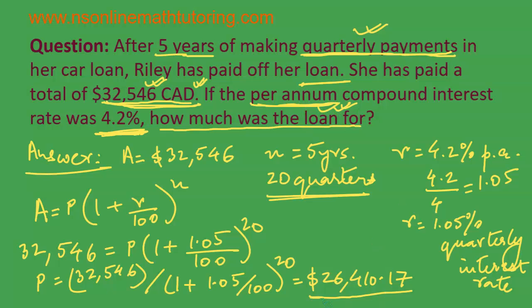She had received this money as her loan, and she has to pay this amount, that is 32,546 Canadian dollars. This is also in Canadian dollars, which includes her loan as well as the interest for 5 years. Okay. So let us write the answer.